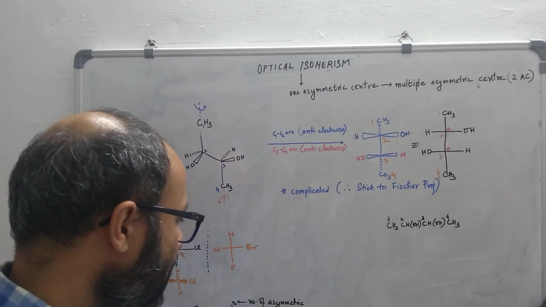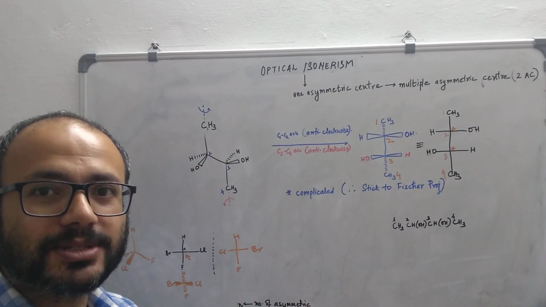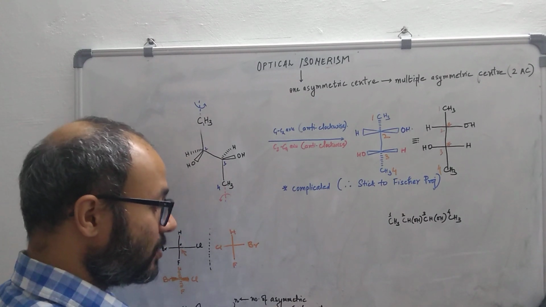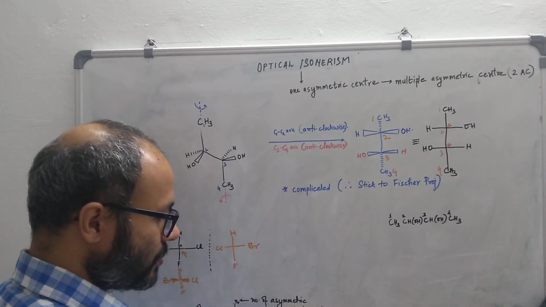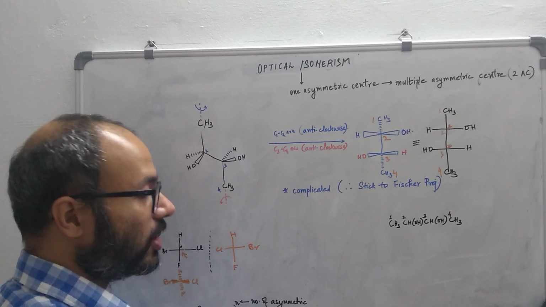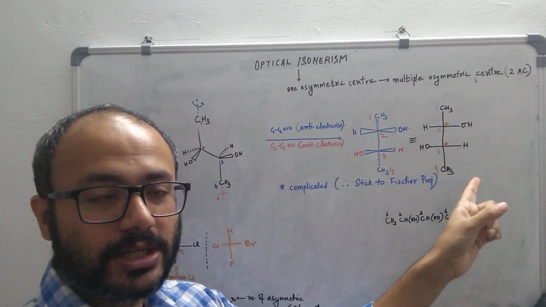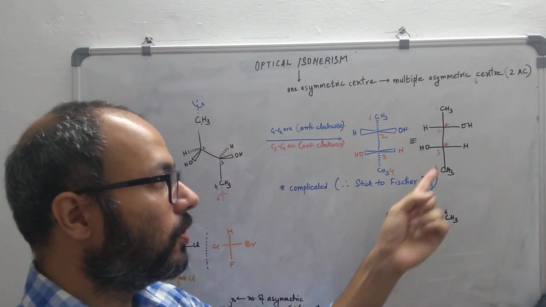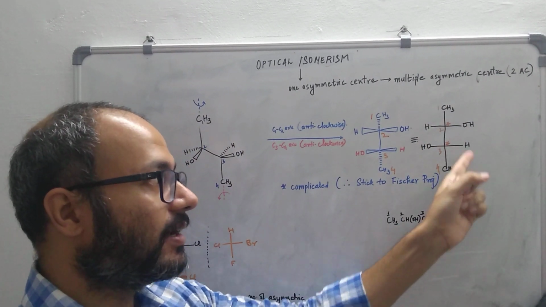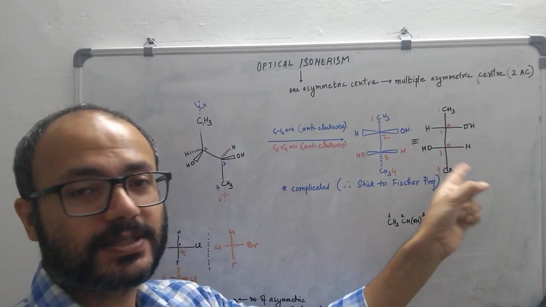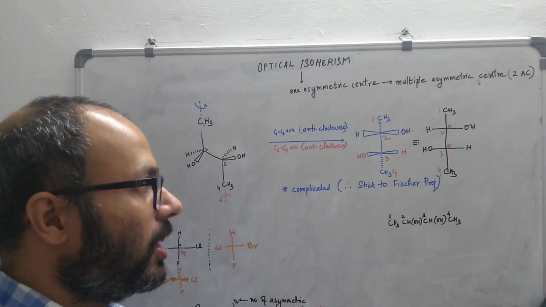Now according to this formula, 2 to the power of n, how many stereoisomers can you draw? In this case, n is 2. So approximately 4 stereoisomers you can draw for this particular molecule. So I would like you to go and make 4 different possible ways of writing this molecule. One molecule I'll show you.